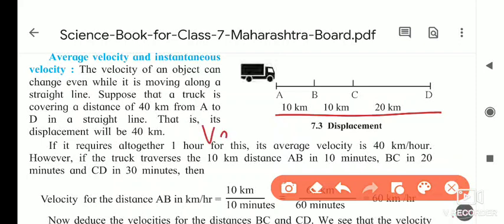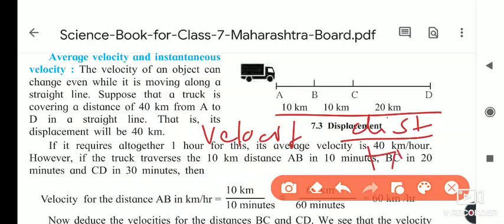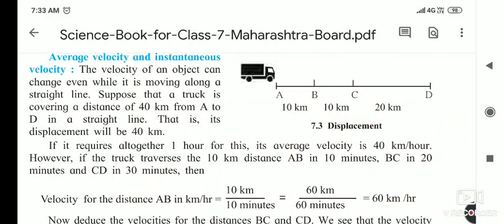Velocity means, as I told you, displacement upon time. So displacement is how much? 40 km, and the units are different: kilometer, then time we have to take in hours. So 40 km per hour is the velocity of this vehicle.